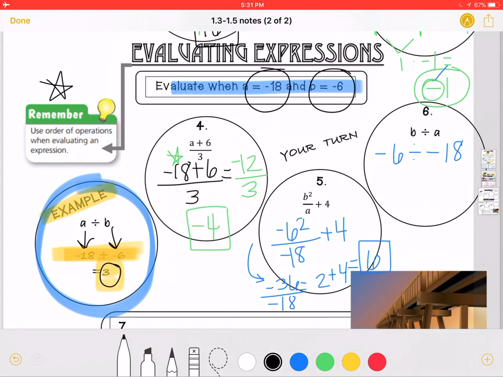Remember, we can write division as a fraction. Might be easier to think about it. And you might want to just simplify that to 1/3. A negative divided by a negative means my answer should be positive 1/3. You should not be using a calculator. If you do, you're going to get a weird decimal. That's why we don't use calculators yet.